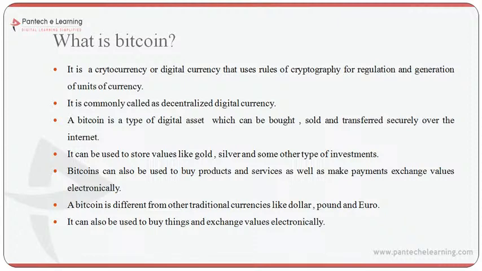Whatever values are stored, we are exchanging electronically, digitally. And blockchain, how is that protected, how are the transactions being stored? As I told you, blockchain is the building block behind Bitcoin. Whatever transactions are carried out, internally the basic building block is the blockchain.